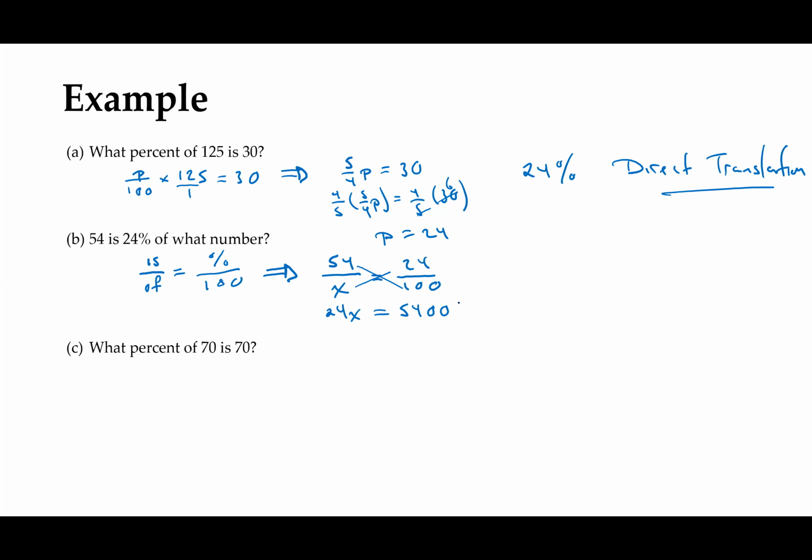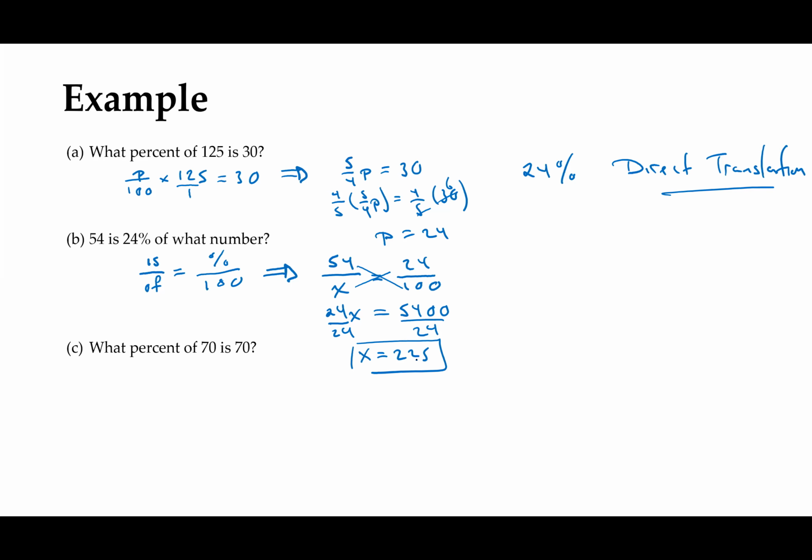When I say cross multiply, I'm really cross multiplying over the denominator, okay? And then we're going to divide both sides by 24. And so 5,400 divided by 24 is 225. Okay? So 54 is 24% of 225. All right?